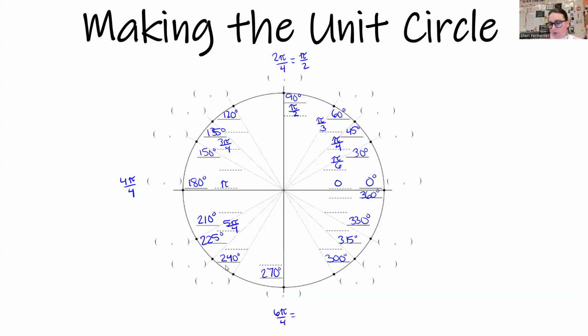That one will reduce too. They are both reduced by 2. So I get 3 pi over 2. That's what I'll write right here. 3 pi over 2. So 6, 7 pi over 4.